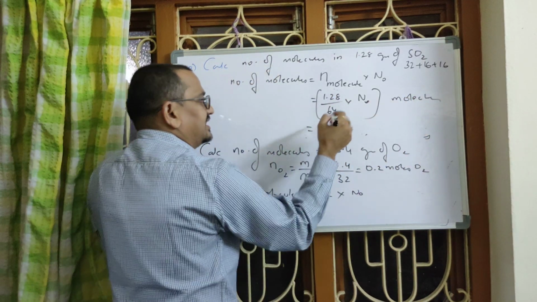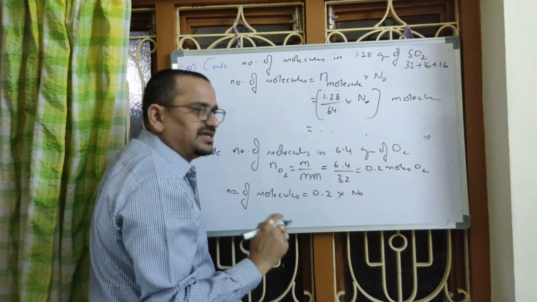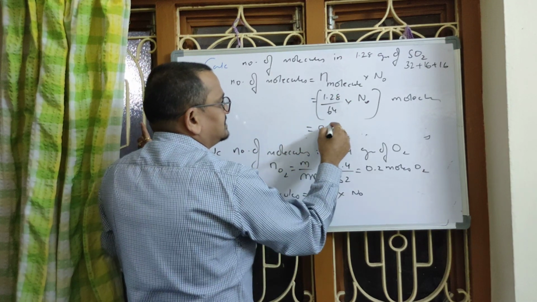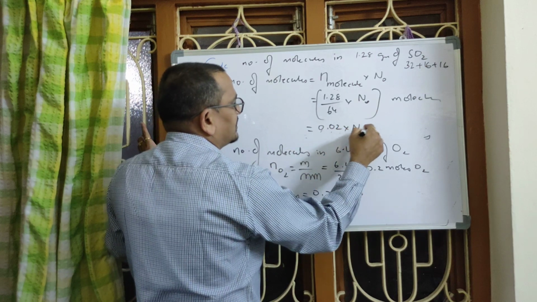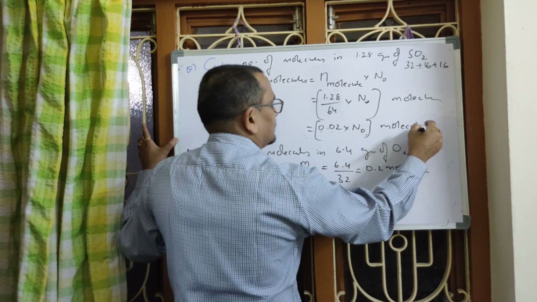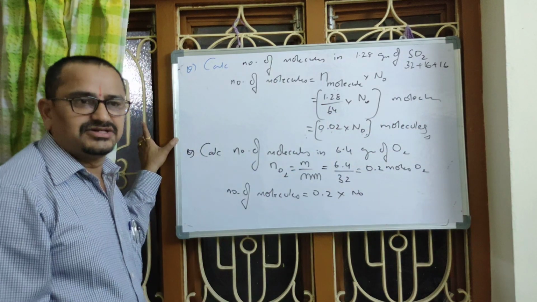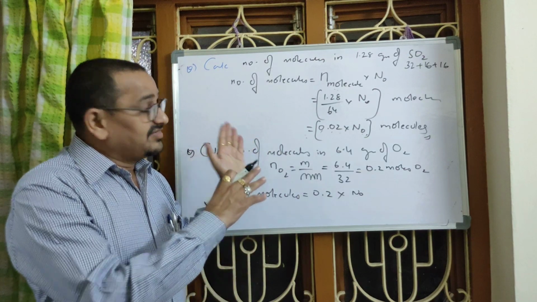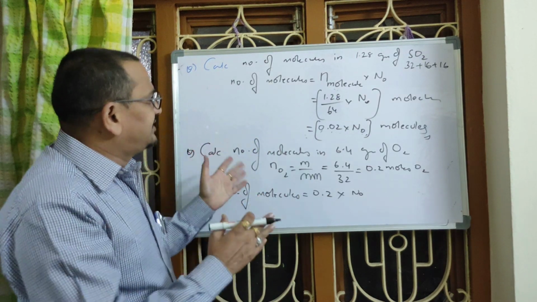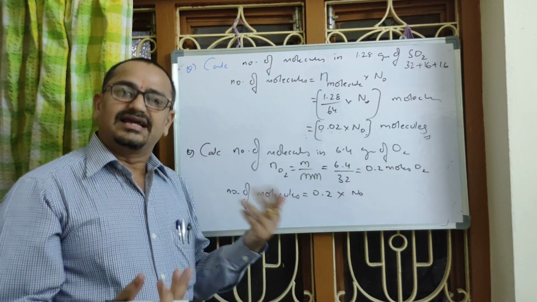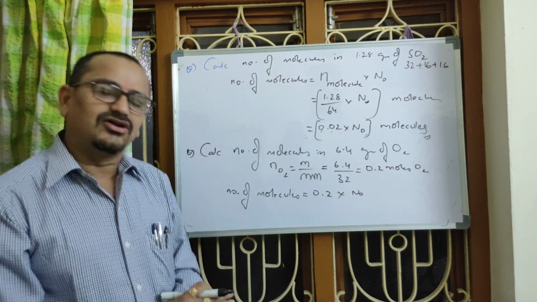That equals to, this is 64, 2 is 128, right? 2 positions left, no? 0.02 into Avogadro number of molecules. Understood? Like this sort of numericals also will be asked. Now, in the next session, we are going to apply the same relation for number of particles like electrons or protons, or ions, etc.